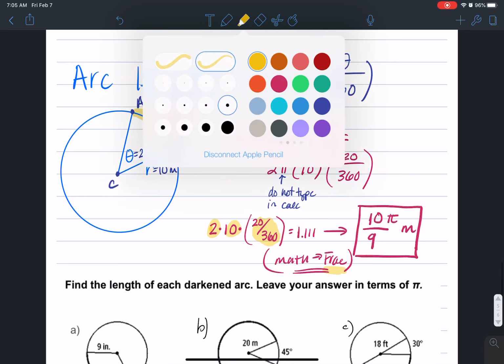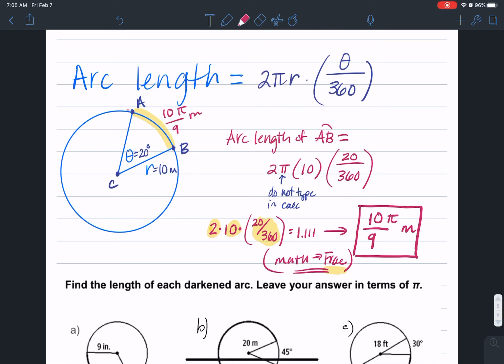The whole circumference all the way around is just 2 pi r, 2 pi times 10, which is 20 pi. So the whole circumference is 20 pi meters, but what we found was just the length of AB, 10 pi over 9 meters. Hopefully not too bad.